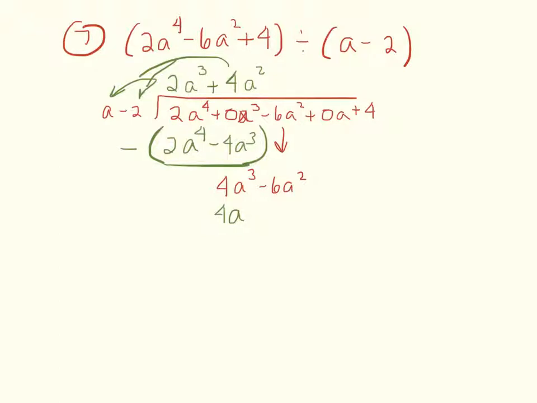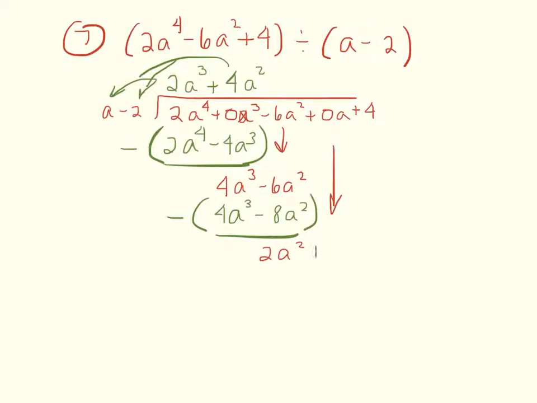And I distribute that 4a squared and I get 4a cubed minus 8a squared, and I subtract. Okay, I'm going to get 4a cubed minus 4a cubed. I'm going to get negative 6a squared plus, negative times negative, plus 8a squared. And so negative 6 plus 8 is 2a squared.